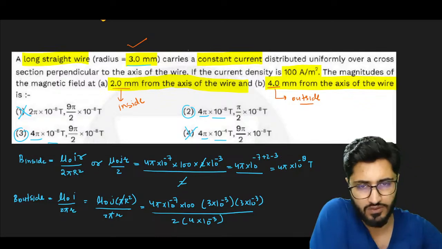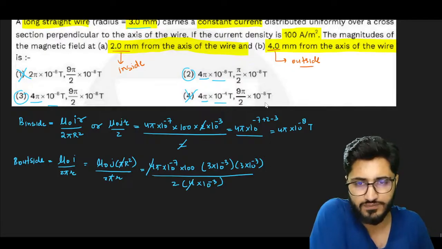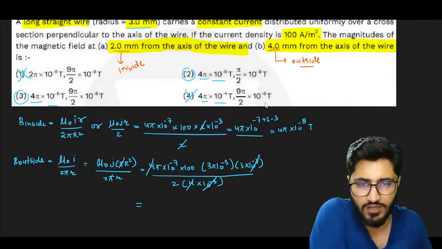So look now. The 4 cancels out, the 1 cancels out. 3 squared is 9. It is 9 pi by 2, and 10 to the power minus 7 is minus 3 plus 2.